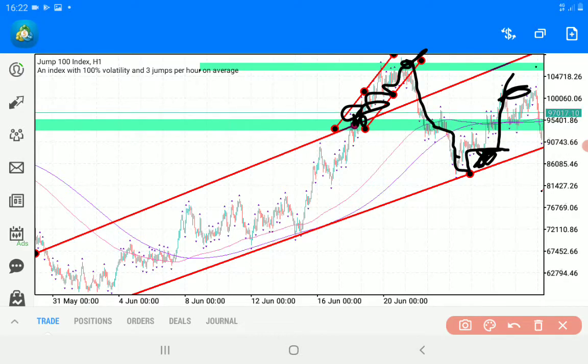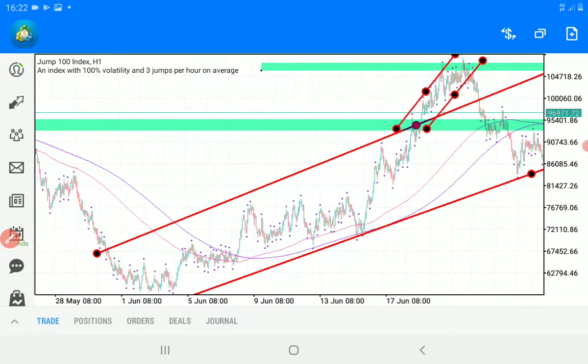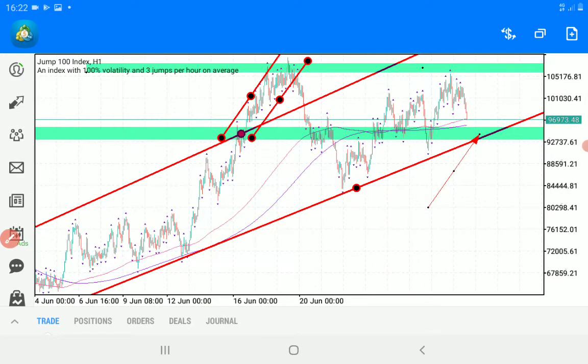It's best for you to be stopped out than to miss out, you see. So at least you'll be stopped out in profit. So all the time frames work out very well.